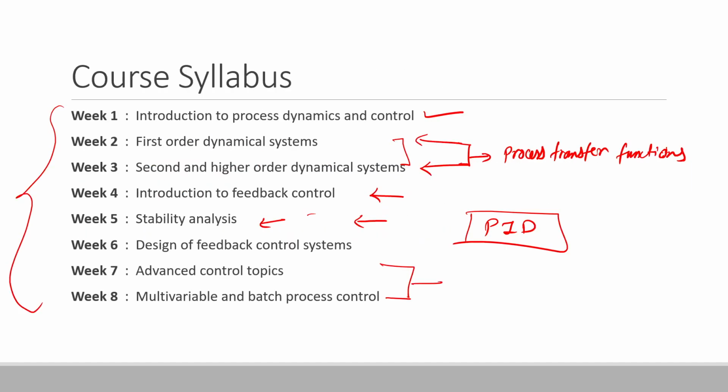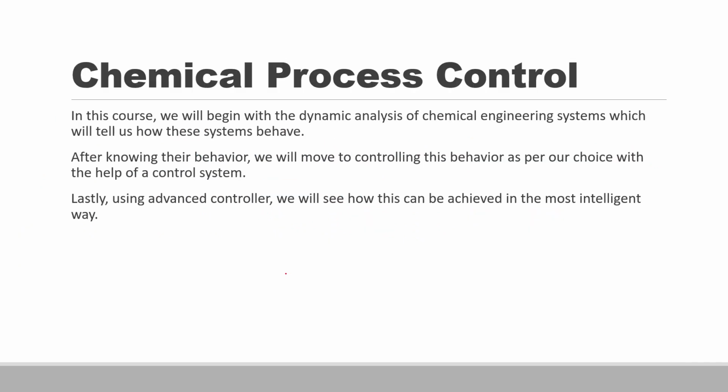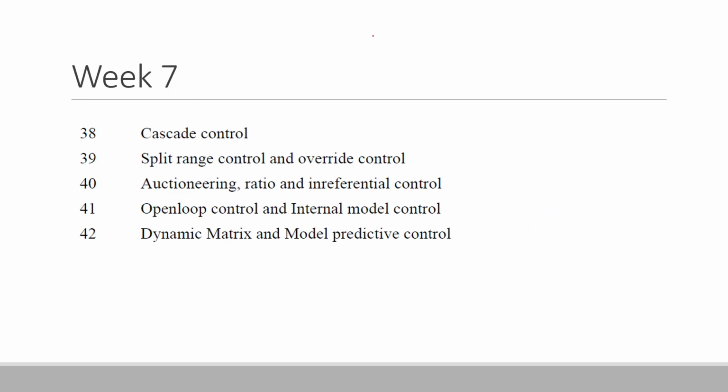So yes, in today's class we are studying advanced control topics. The subtopics that we are going to study are cascade control, then split range control, override control, then auctioneering, ratio and inferential control.